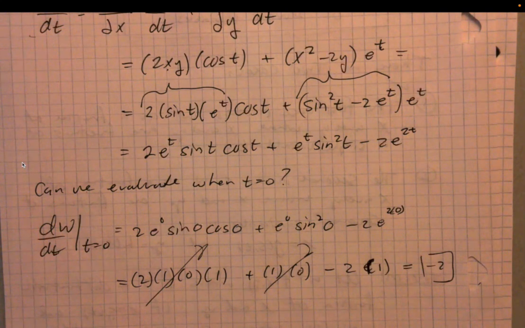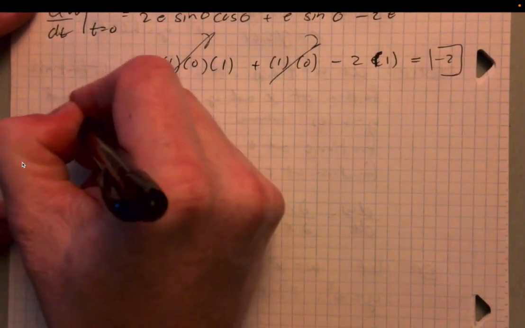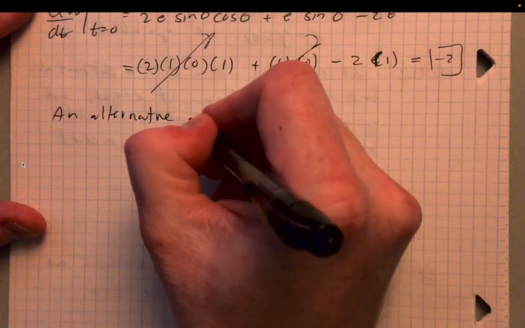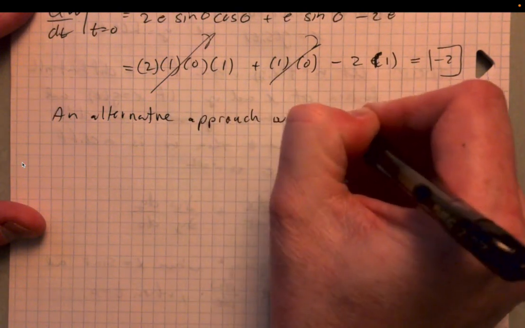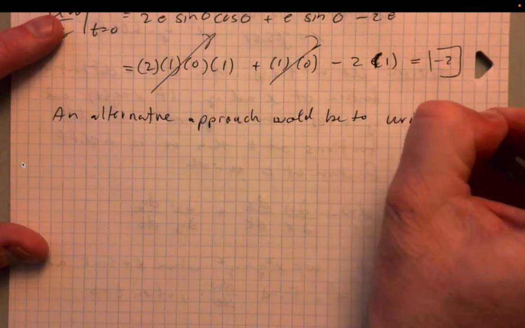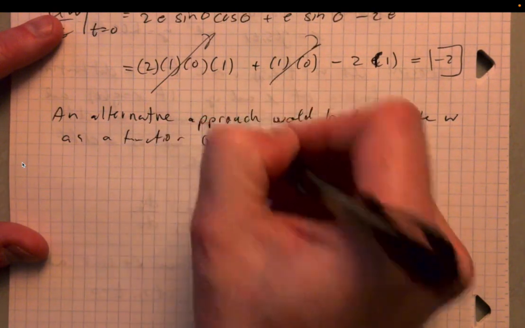Now, an alternative approach here would be, rather than use the chain rule, we could just plug in what x and y are equal to and differentiate with respect to t directly, right? So an alternative approach would be to basically write w as a function of t, right?